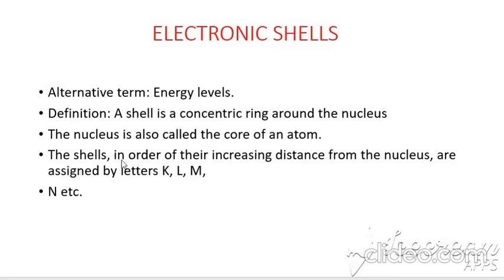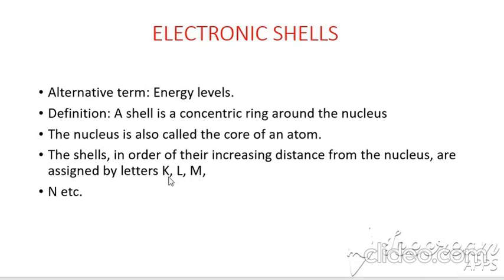The shells, in order of their increasing distance from the nucleus, are assigned the letters K, L, M, and N. So the first shell, just close to the nucleus, is represented by the letter K. The second shell by L, the third shell by M, and N is the last shell, which is the fourth shell.